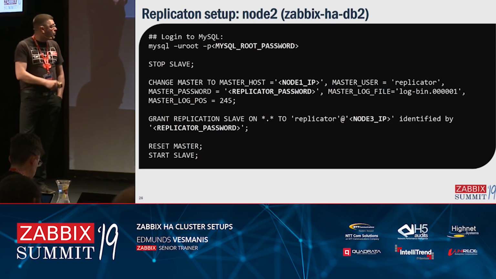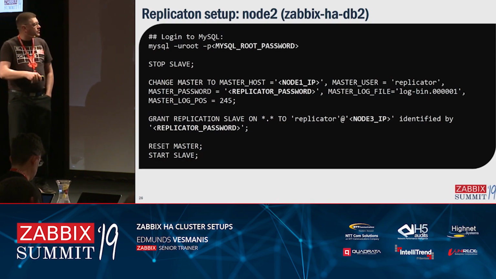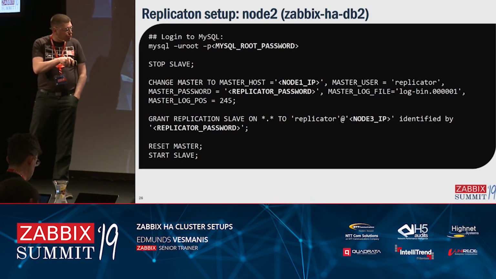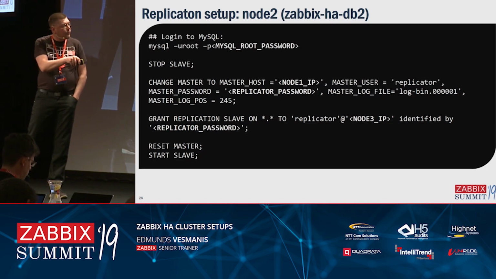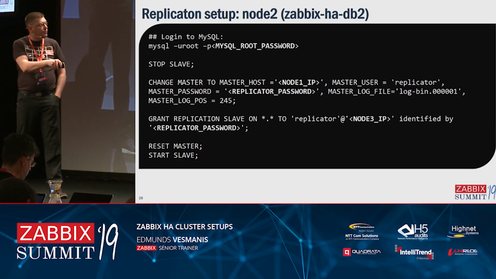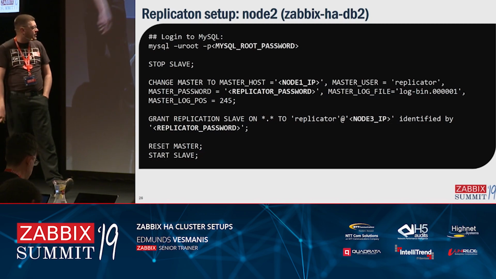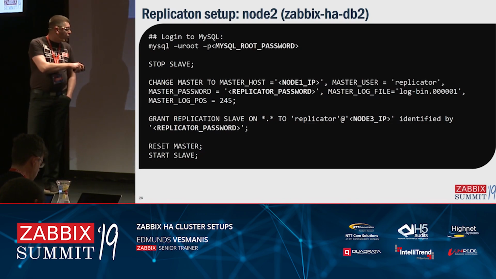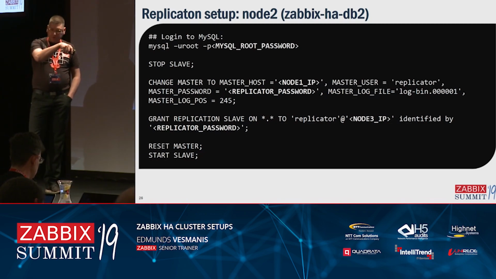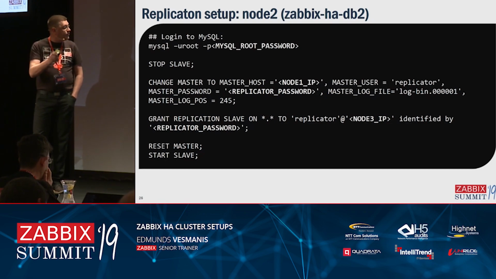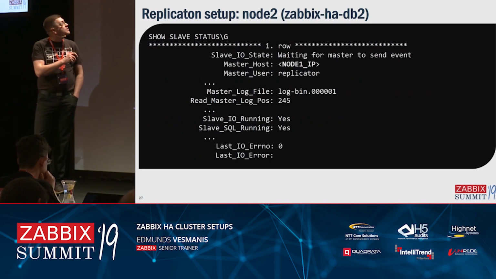When it's done, we need to create a grant access user, which will be used as replicator for node 3, and of course identified by some secure password. At this moment, we can reset master on the second node, start slave, and again we get the slave status.